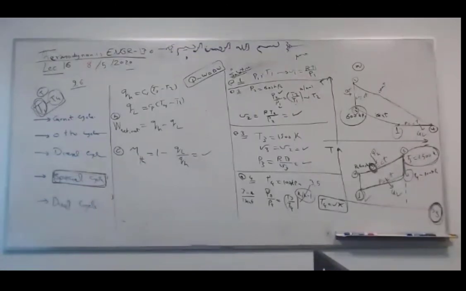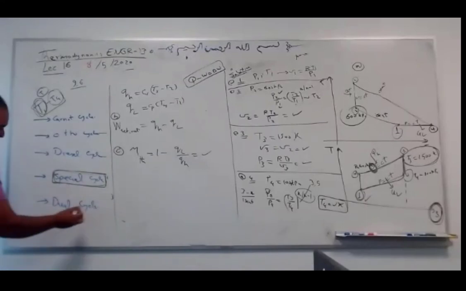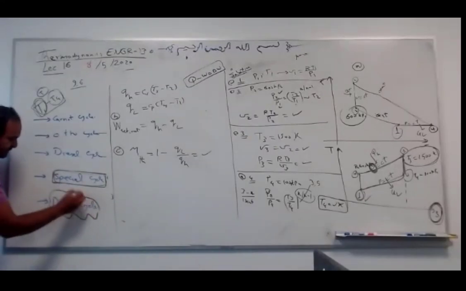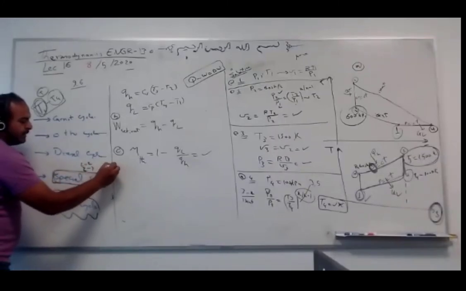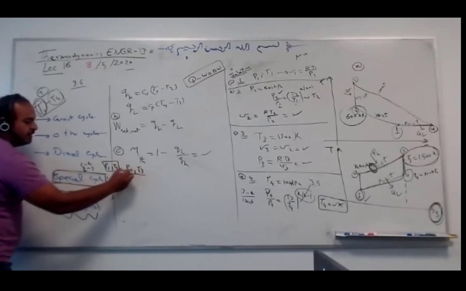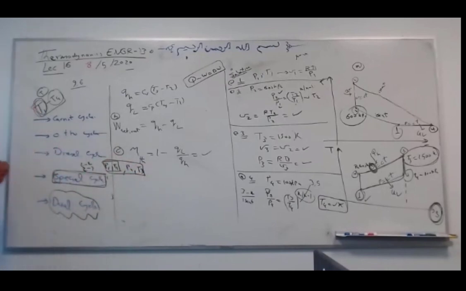So what about the last one, which is the dual cycle? A special cycle, I will give you details, 1 to 2, 2 to 3, 3 to 4. I give you 4 pieces of information, usually P1, T1, and any two other things, P2, T3, for example. If you have 4 pieces of information in a cycle, you can get everything in the cycle.